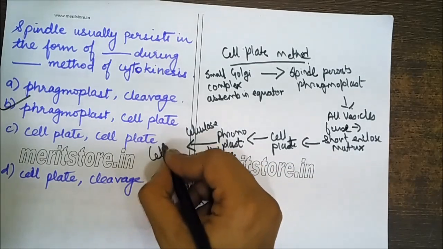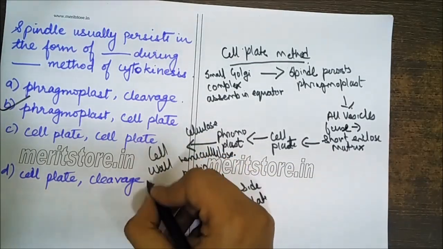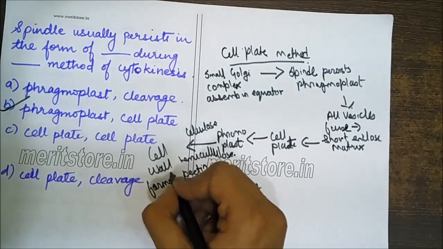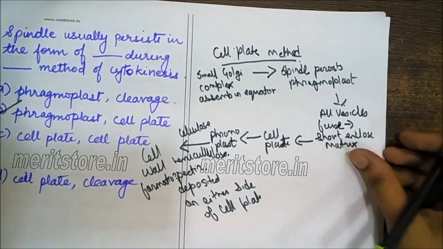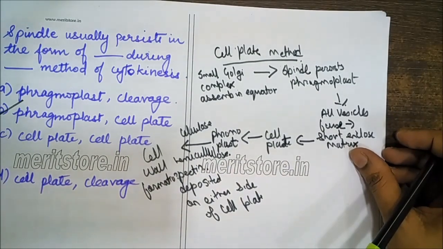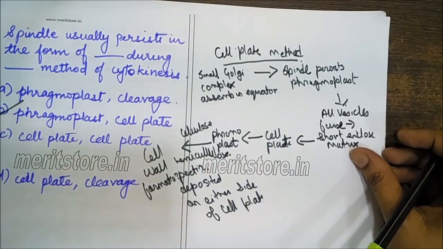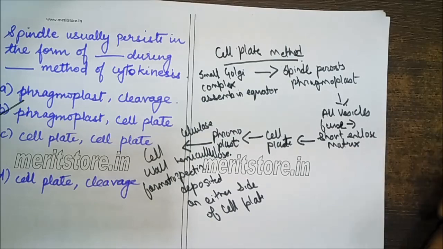This leads to the cell wall formation. So remember, the spindles usually persist in the form of phragmoplast during the cell plate method of cytokinesis, and this is the summary of cell plate method. Next question.